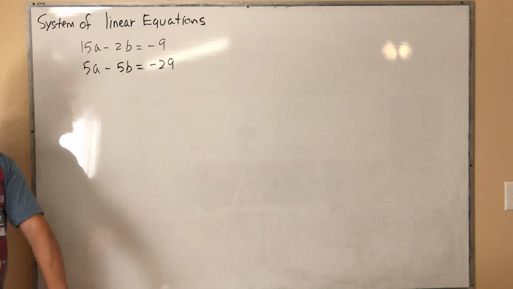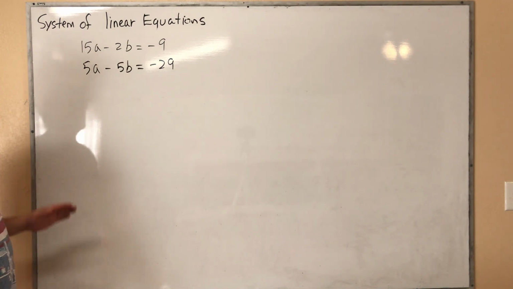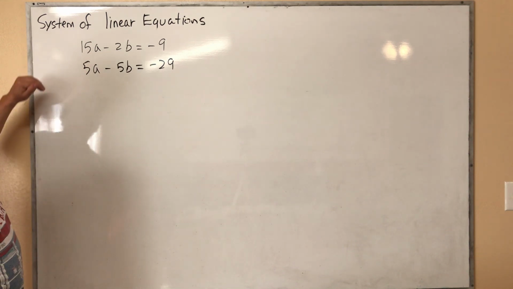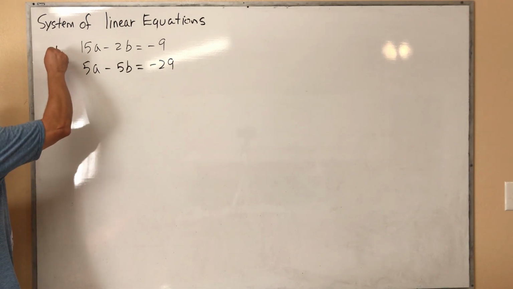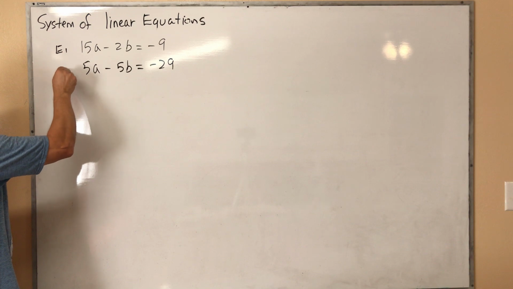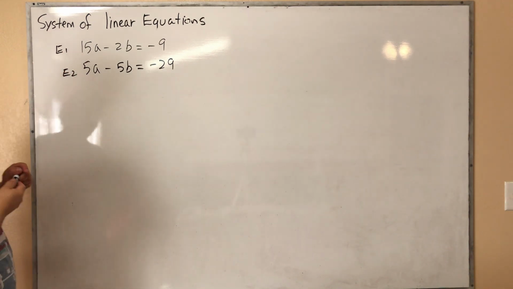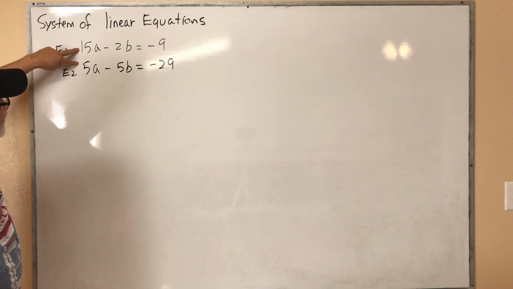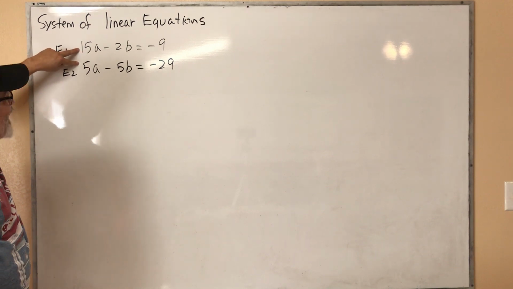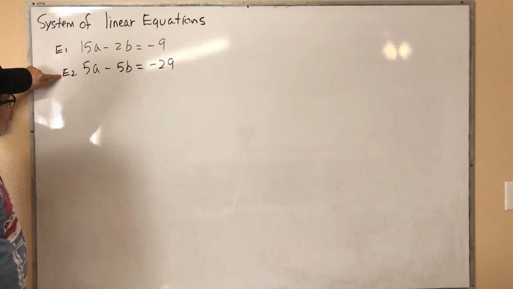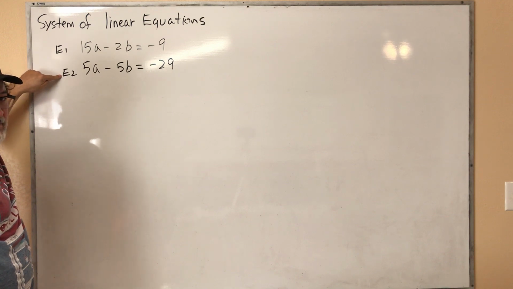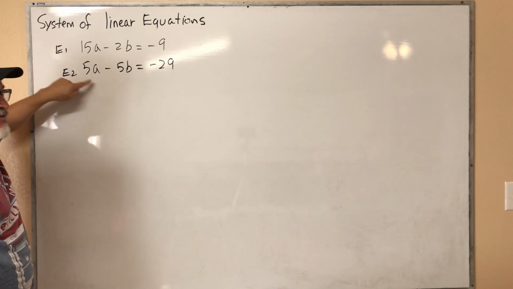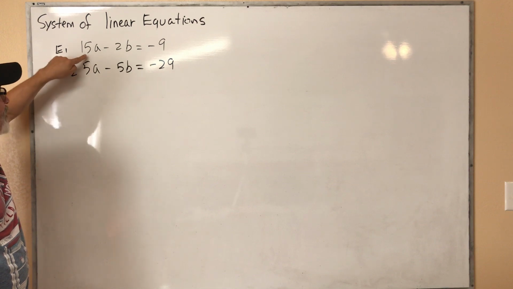So you pick a variable to eliminate. I'm going to pick the easiest variable. This is equation 1, and this is equation 2. If I eliminate a, I only have to multiply equation 2 by -3, because -3 times 5a is -15a, the opposite of that.